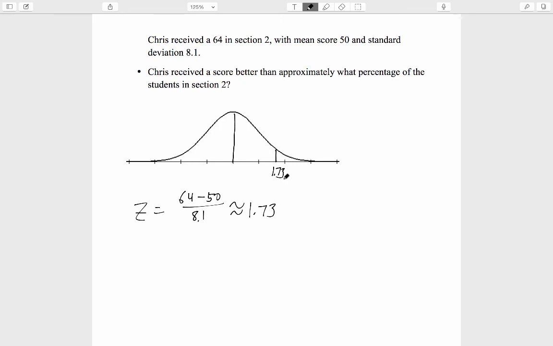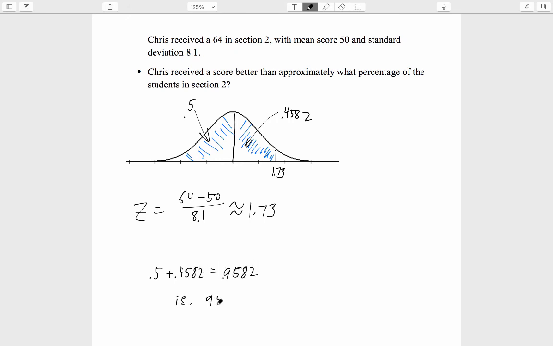When we look up 1.73 in the table, it will tell us about the probability of falling in this region between the mean and 1.73 above the mean. We'll still need to include everything below the mean. Thus we'll have 0.5 from this region, plus another 0.4 something from this region, namely 0.4582. Thus the sum of 0.5 plus 0.4582 equals 0.9582.